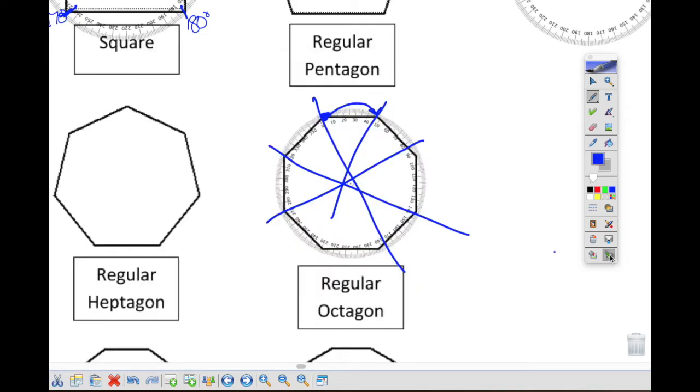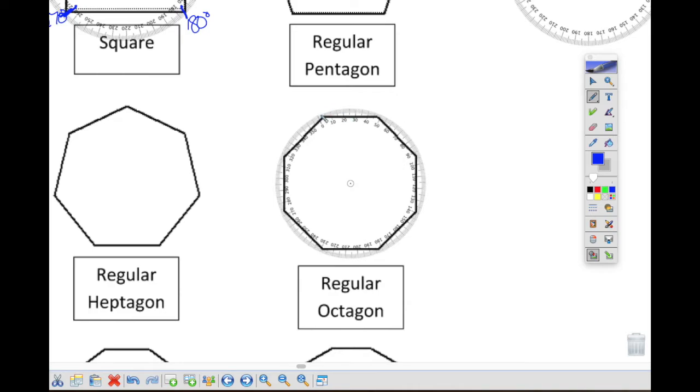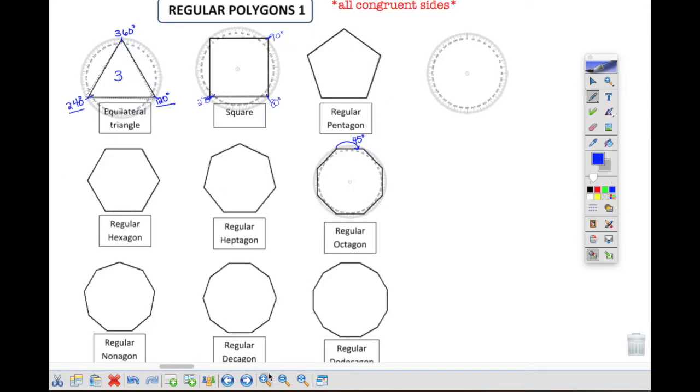What does 45 mean? That means every 45 degrees that you rotate a regular octagon, it is going to be symmetrical. So if I rotate it 45 degrees over and over and over, it is going to be symmetrical. So its degree of rotational symmetry is 45 degrees.